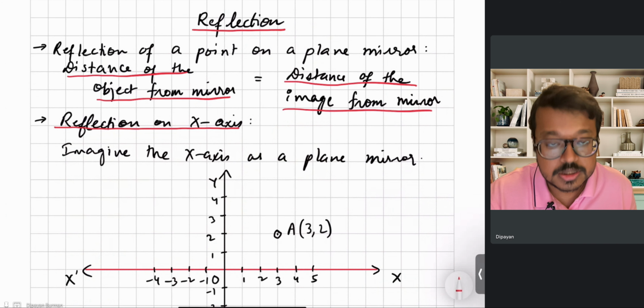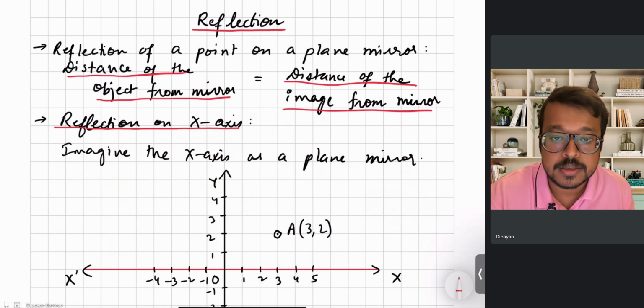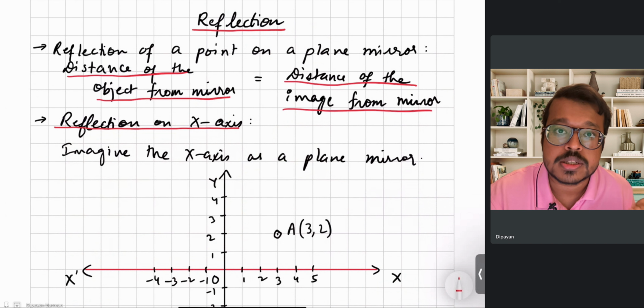Now suppose this is a topic of coordinate geometry, so we will have the xy coordinate axis and some points on the xy plane, and then one of the axes or some other line can act as a plane mirror.